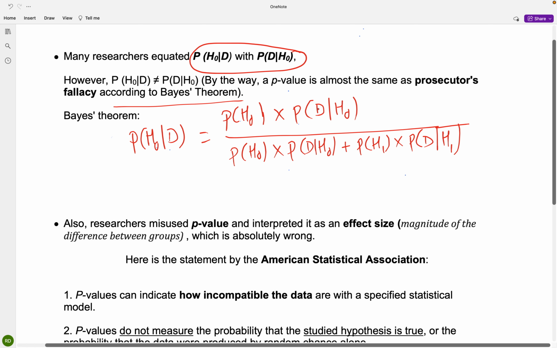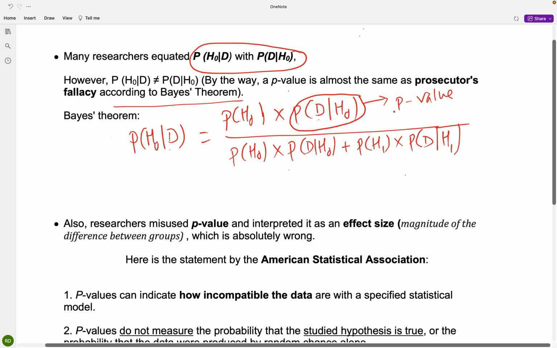And in fact, the value in the numerator, the likelihood of getting data given the null hypothesis is true, is very closely related to p-value.